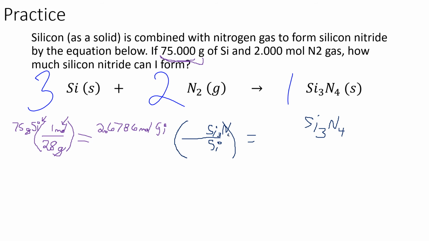The only way you can do that is canceling out whole species. I've got silicon as a species, and I've got silicon nitride as a species, so I can put them here. And I know the molar ratios, you know, a 1 and a 3, so I know that my expected is 0.892586.